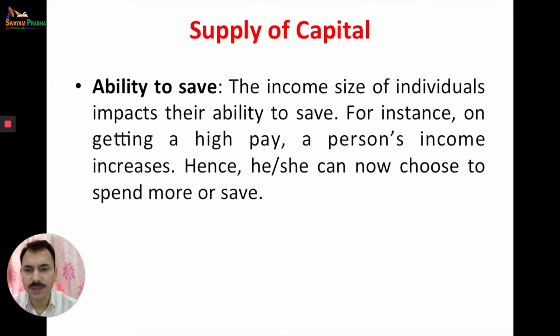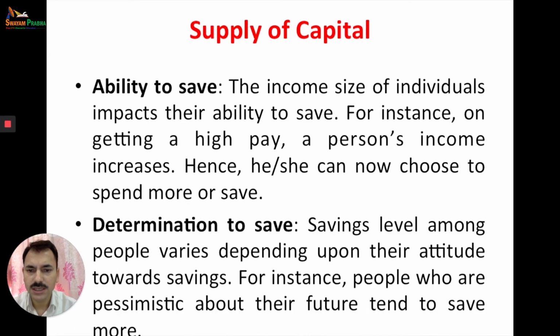For example, on getting a high pay, a person's income increases and she can now choose to save more. Because more income means more saving. Whereas for the determination to save, the saving level among people varies depending upon their attitude toward saving. For example, people who are pessimistic about their future tend to save more, or maybe those who are optimistic about their future tend to save less.